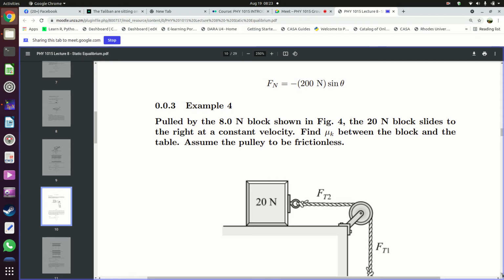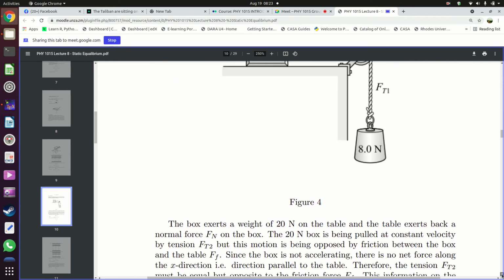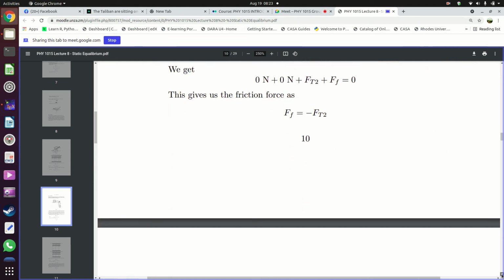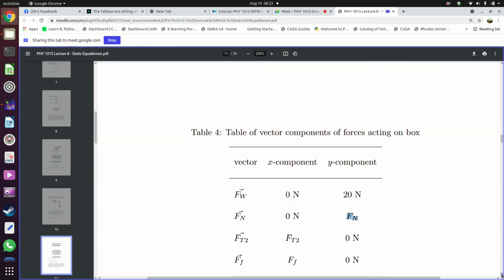So you're going to have Ft2, which is the vector force. On top of this one, you write Ft2 cos 0 degrees. That's going to give you Ft2. Then here you write Ft2 sine 0 degrees. You're going to get 0. Are we clear?